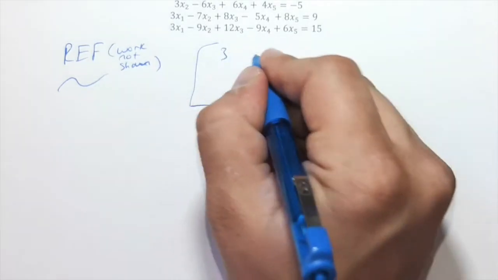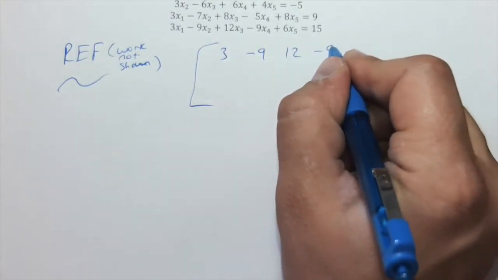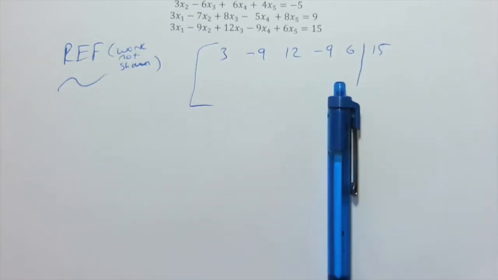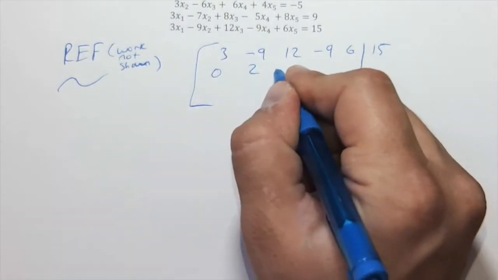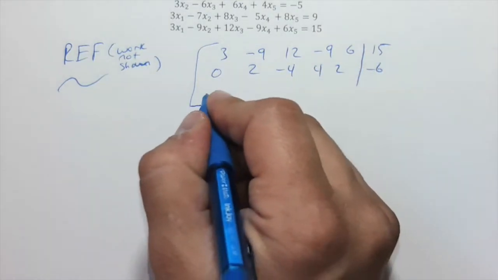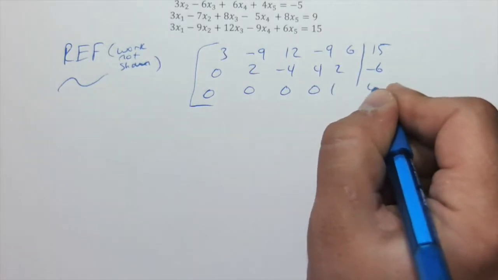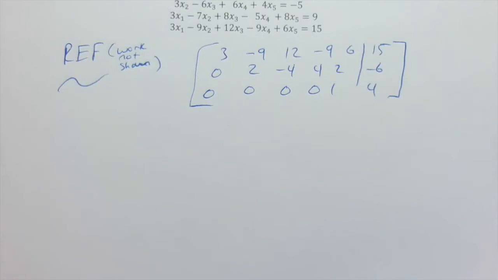It's 3, -9, 12, -9, 6, 15; 0, 2, -4, 4, 2, -6; 0, 0, 0, 0, 1, 4. Okay, so that's the reduced form. Again, I got that from a calculator, not showing the work there.